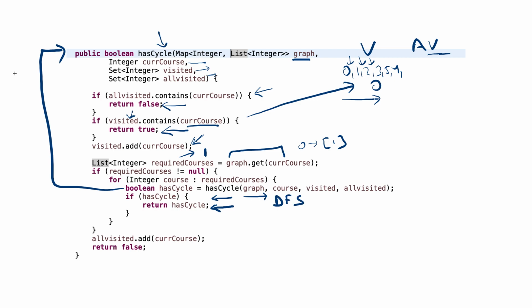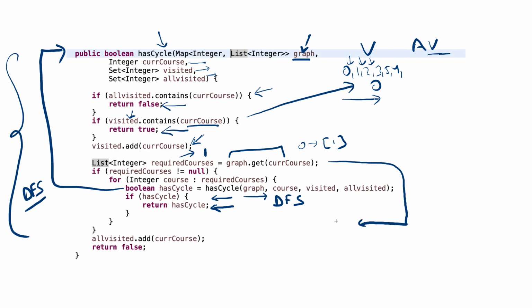So essentially the entire method is doing a DFS on your input graph. And now when you are done iterating over all the dependencies and you see that there was no cycle found, which means that it didn't return, then we simply add that particular course to our all visited set, indicating that this particular course is fine in terms of dependencies, and also at the same time we return a false, stating that it doesn't have any cycle.